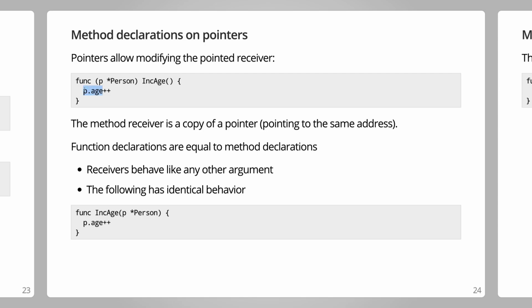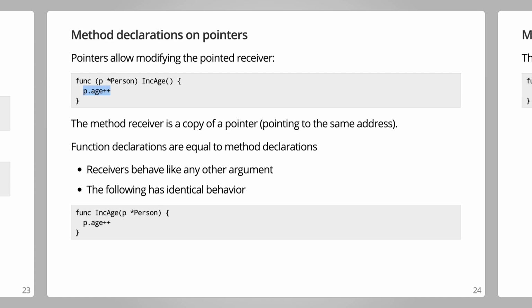And in order for this to work, this type better be a pointer, because if there was no star here, this would be like a pass by value, and we would just do an increment of that value.